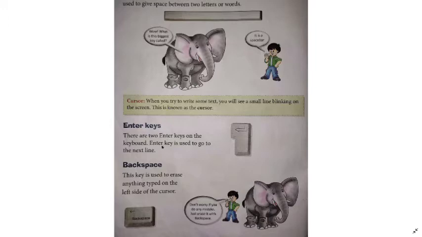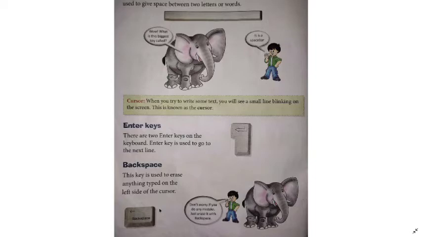Next, backspace. This key is used to erase anything typed on the left side of the cursor. I don't know whether you notice or not, but keep this in mind. Whenever you write, you will move along the right side. You will move in the right direction. You will never start writing and your writing will move to the left side. It will always be right. So whenever you have to erase, you will go back.